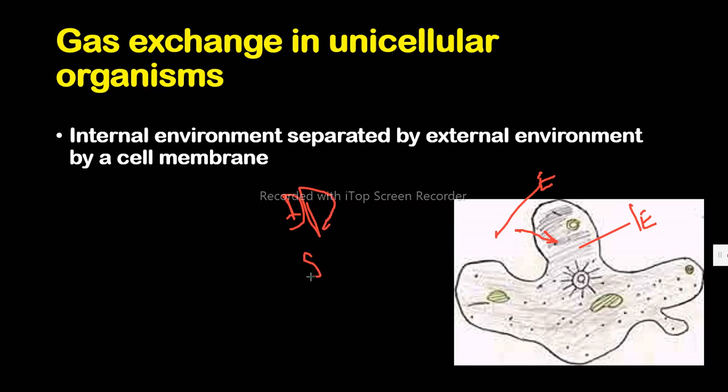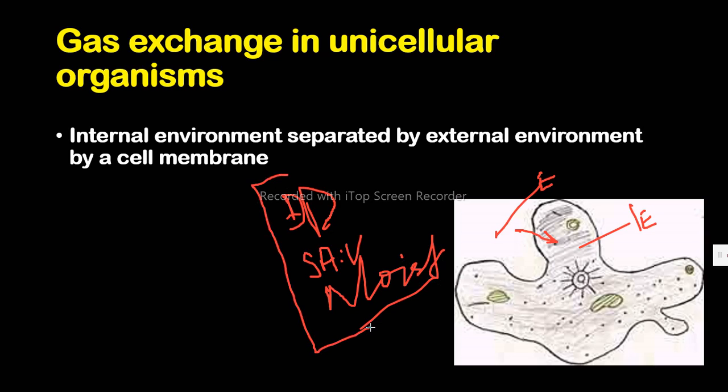The surface area to volume ratio is minimal. And this one is aquatic, so all the time it will be moist. What does that imply?